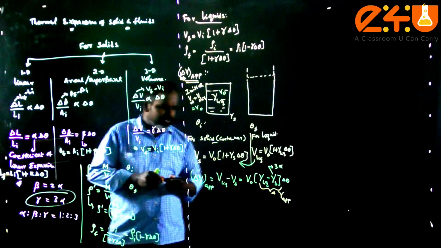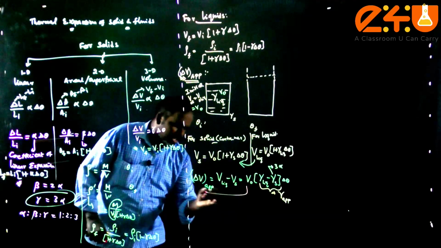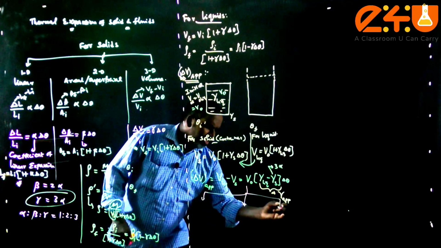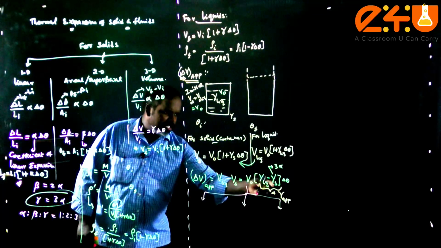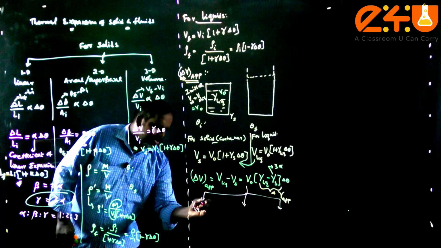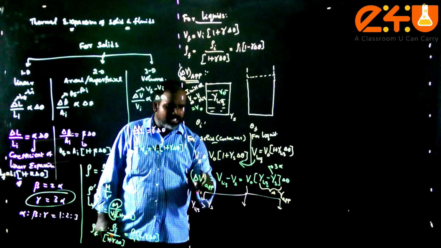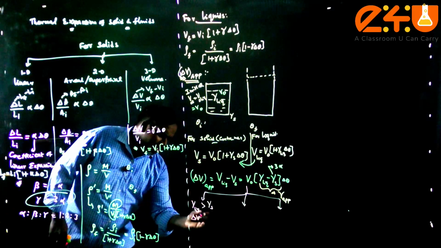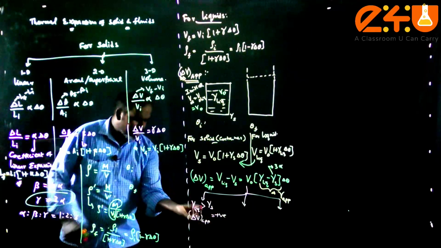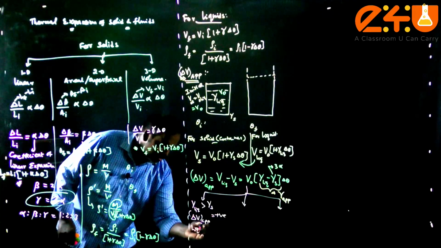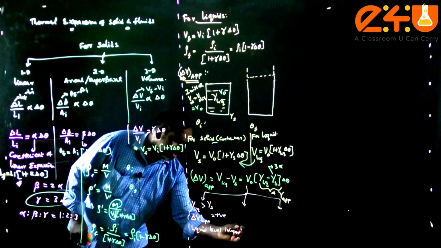Now I can categorize this into 3 cases. If delta theta is fixed, we can compare these two terms. If gamma liquid is greater than gamma solid, then delta V apparent will be positive, which means the liquid level increases.